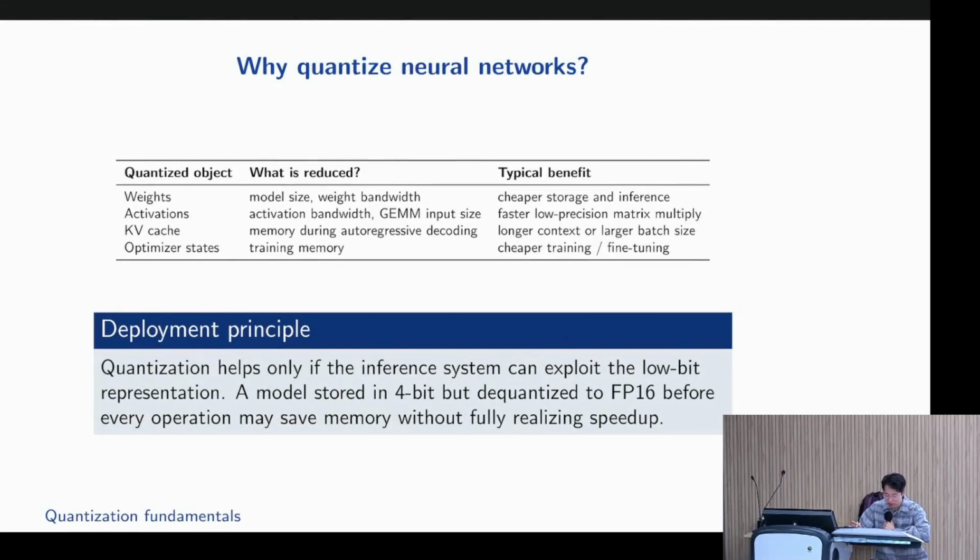Okay, so why are we doing this? The main benefit: if you quantize the weight, then you significantly reduce the storage and inference cost. And if you quantize the activation as well, you can do low precision matrix multiply if your GPU kernel supports that.